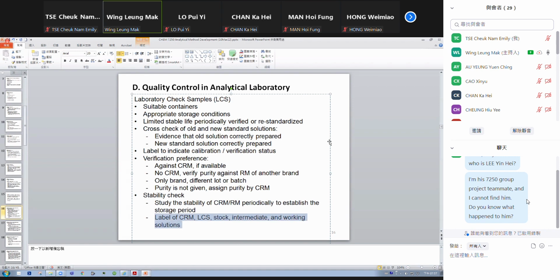And the original stock can trace back to which bottle of the chemical you bought. Okay, an unbroken chain, you can trace back, and who made it, when it is made. Is it expired? You need to label it very clearly.